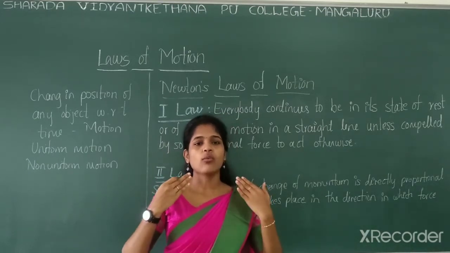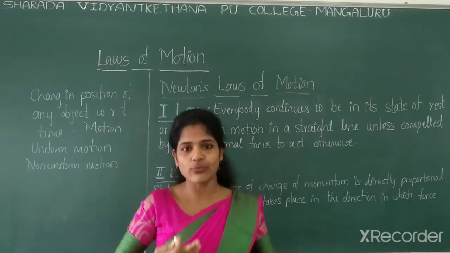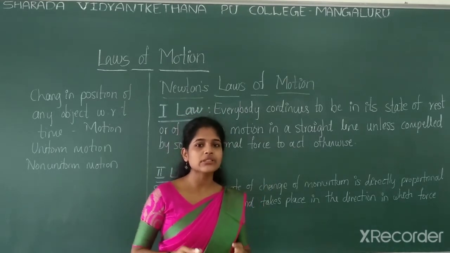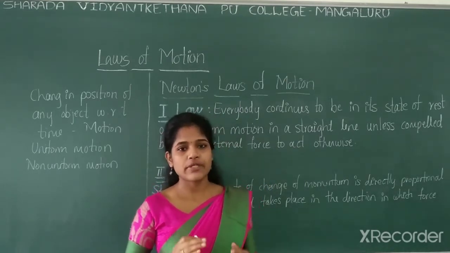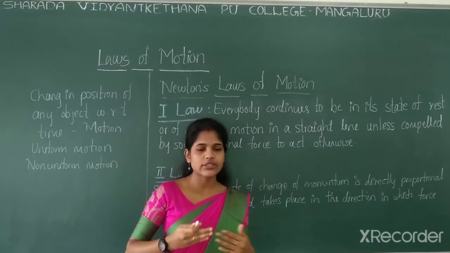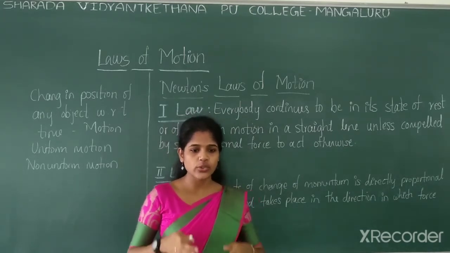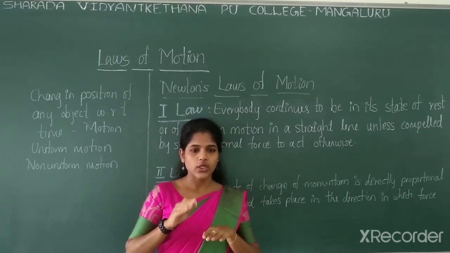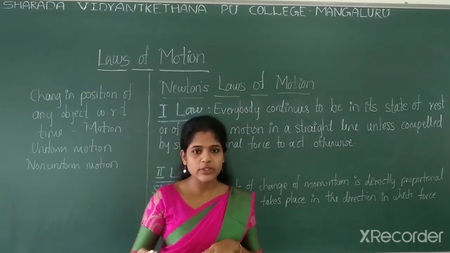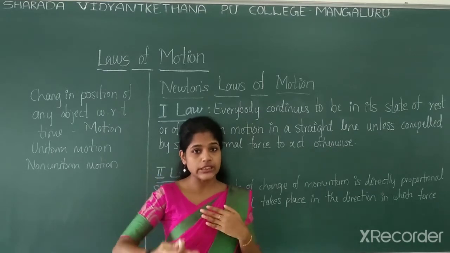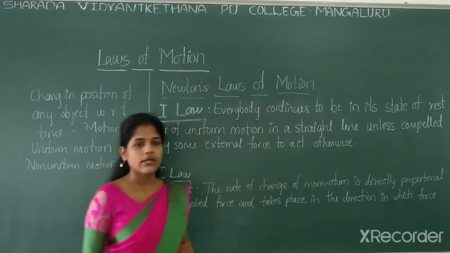So we will move forward. Okay, so that sudden jerk happens. It is because of Newton's first law of motion, the resistance to change the state of motion. Okay, so with respect to car, we are in rest. So when the driver suddenly applies brake, our state of rest changes. Okay, so that is Newton's first law.